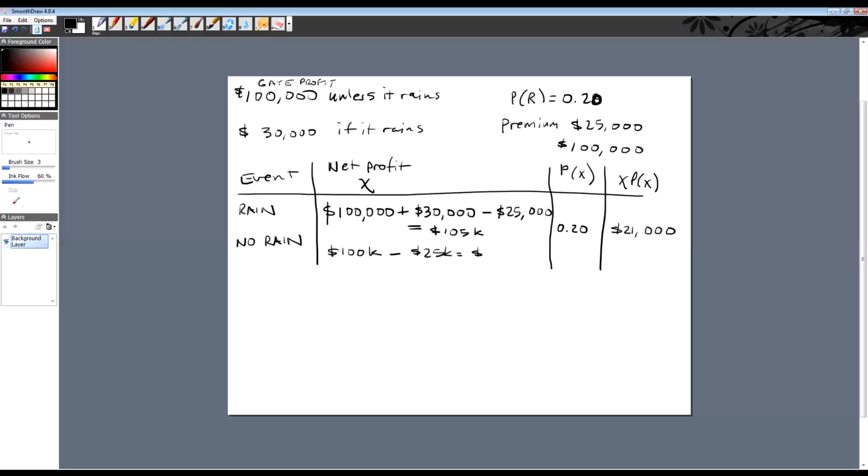So his net profit is only going to be 75K. The probability of no rain is 0.8, which is 1 minus the probability of rain. Multiply 75,000 times 0.8, and you get 60,000. Add these together, and your expected profit is $81,000.